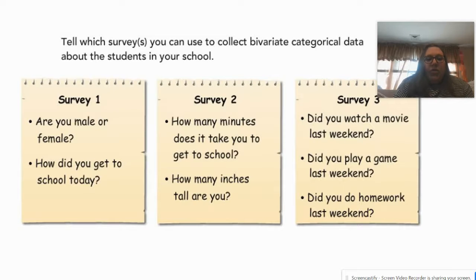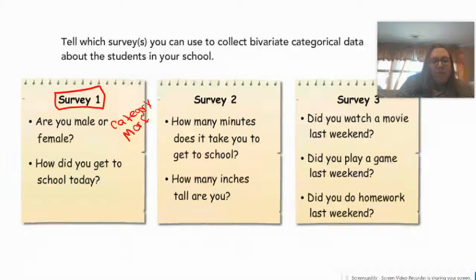Okay. Now, which survey or surveys can be used to collect bivariate categorical data? Are you male and female, and how did you get to school today? Yes, survey one would be bivariate categorical data, because this is categories, male or female.